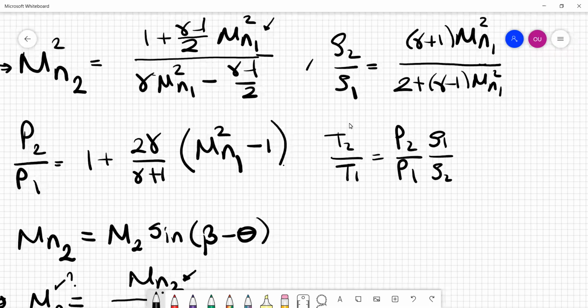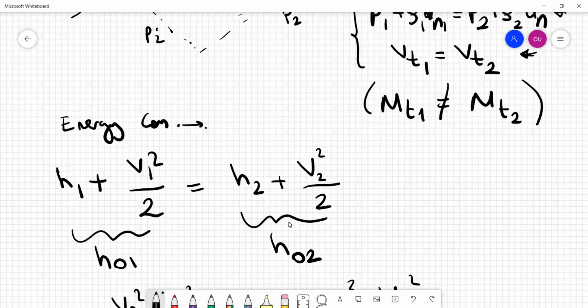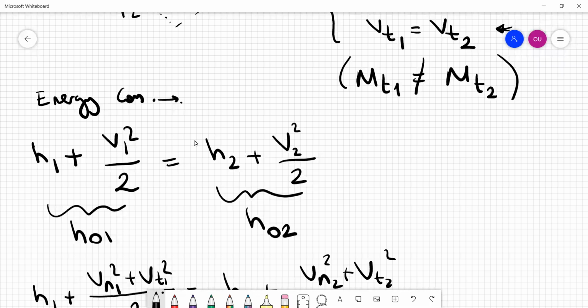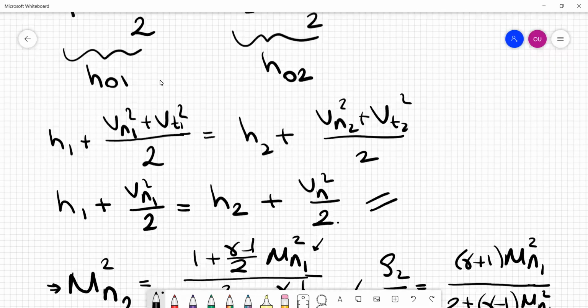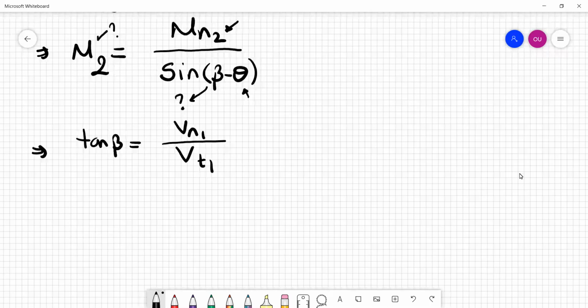Again, sorry for this, I have to scroll up again. So you can see that this is beta, this is beta. So basically this is Vn1. So tangent beta is basically Vn1 divided by Vt1. So this is beta. So you can see where that's coming from, right? So that's tangent beta. And also from the geometry, I know one more thing.